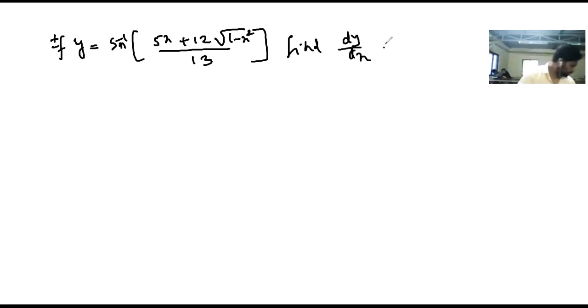Can you solve this example? Any idea? How do you solve this?